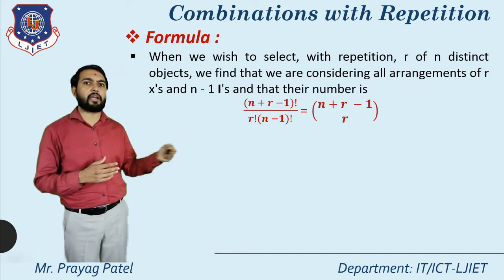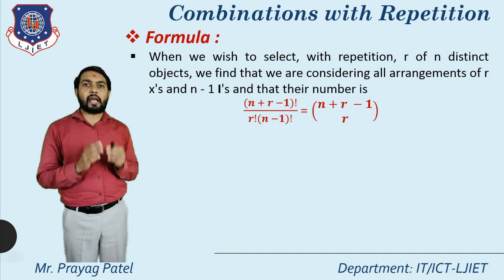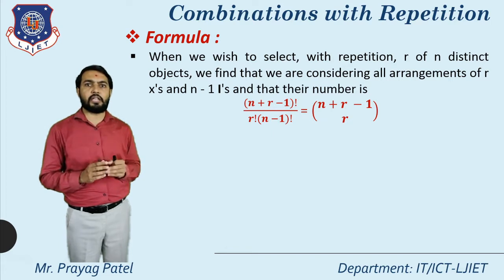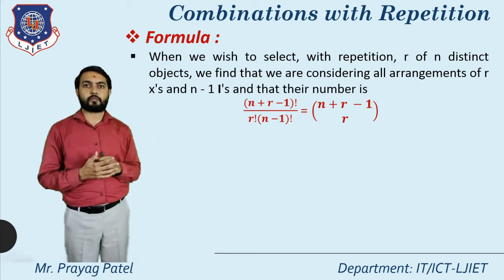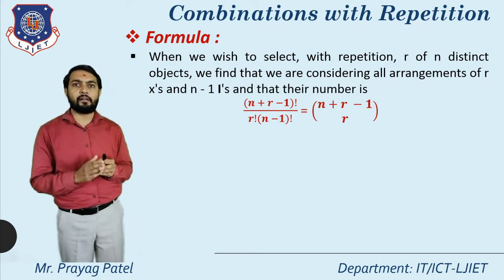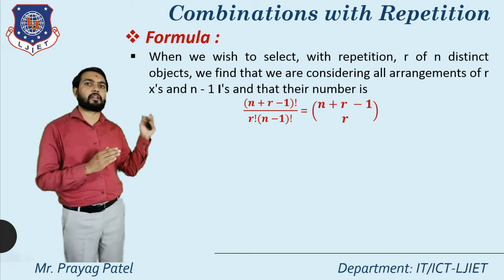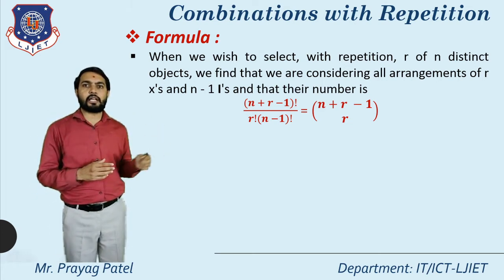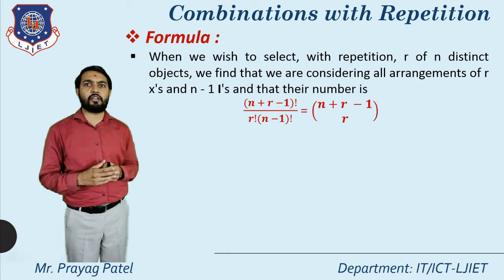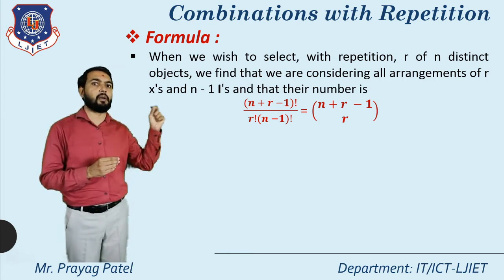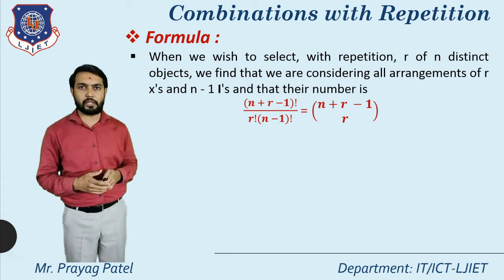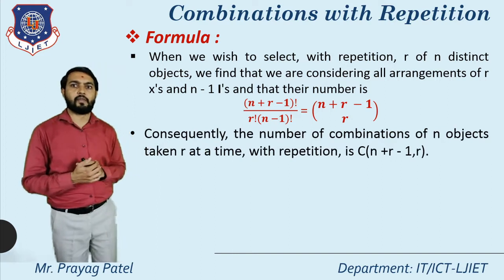The equivalent equation is n plus R minus 1 C R. So in place of nCR we write n plus R minus 1 C R. This is a simple common representation of combinations with repetition. So remember this equation for the examples.